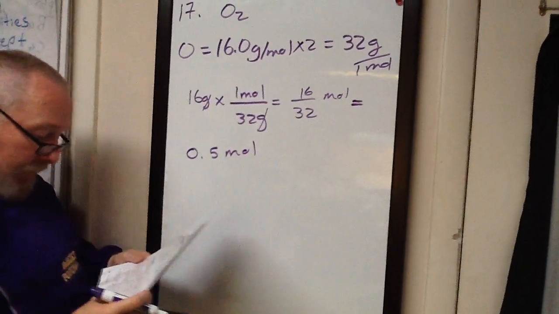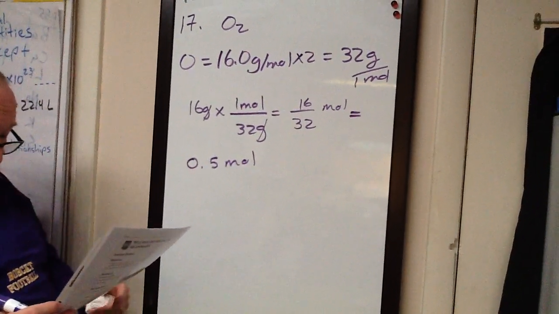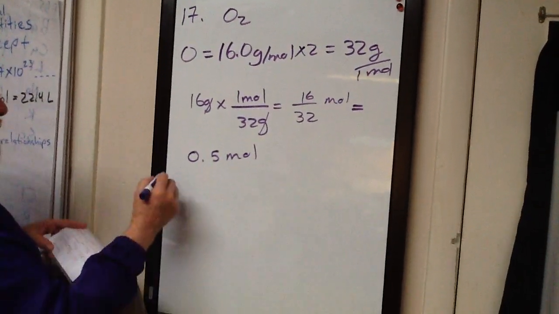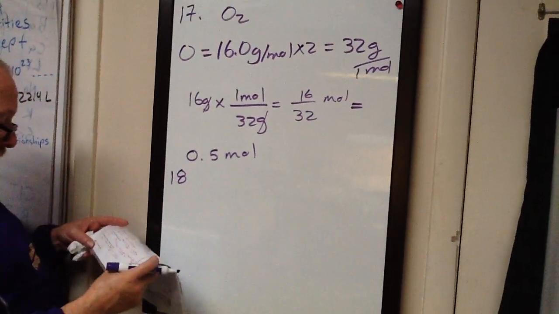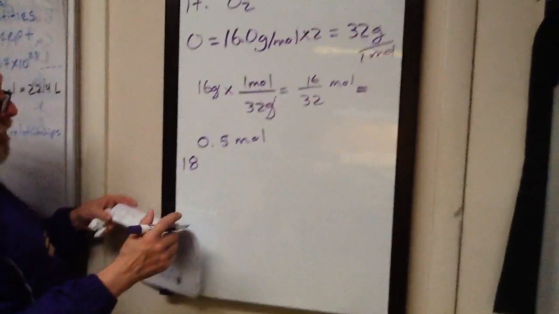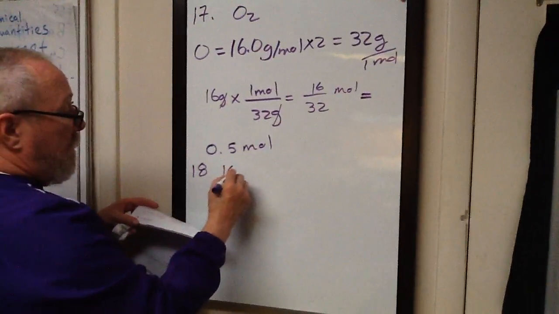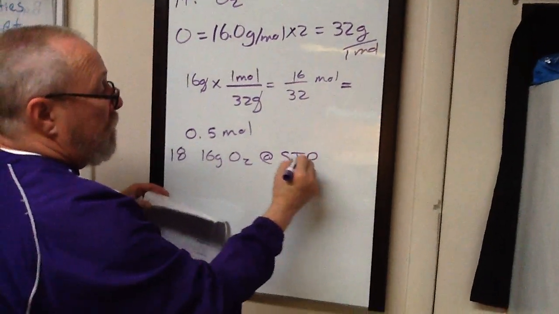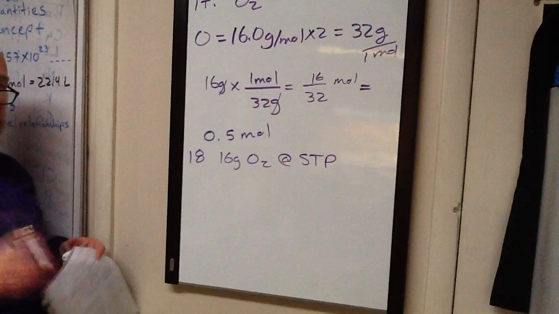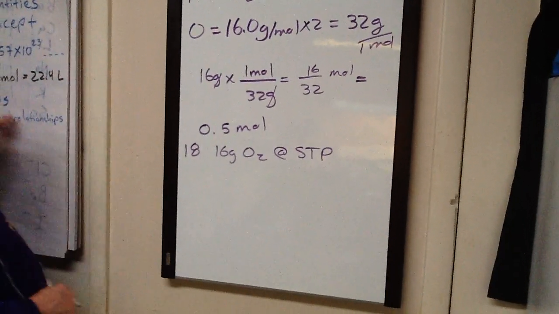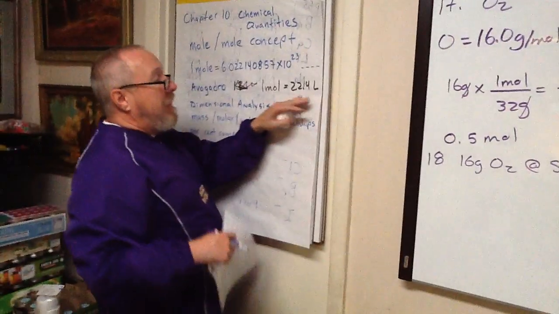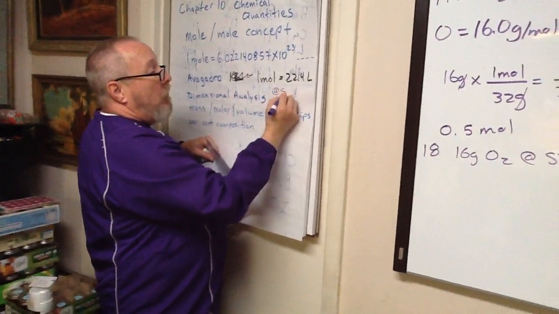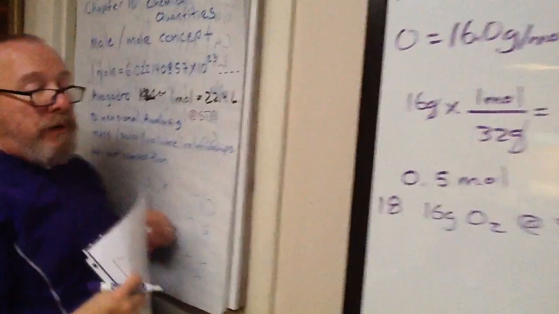Okay? And then the next question extends this. It says in number 18, what is the volume of 16 grams of O2 at standard temperature and pressure? Let me tell you what STP means, because when I say 1 mole of any gas equals 22.4 liters, that's only true at standard temperature and pressure.